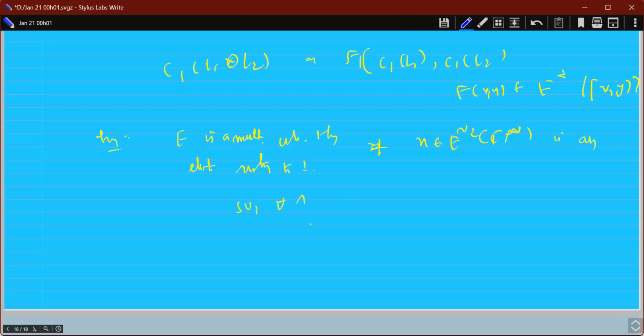For all m, we'll have this map. It's easy to see that x^(m+1) maps to 0.